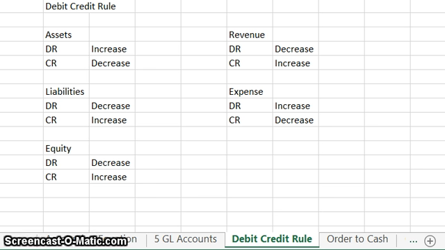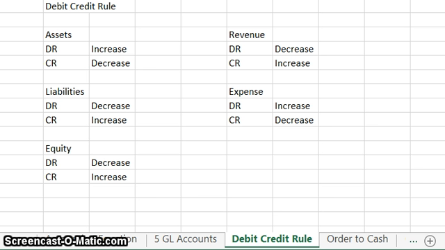So anywhere you have a credit, you have to have a debit as well. And so there are actually rules devised to determine what is going to be a debit and what is going to be a credit in double entry bookkeeping. So a lot of people don't know this. So what I thought I would do is I would make a video on the debit credit rule.